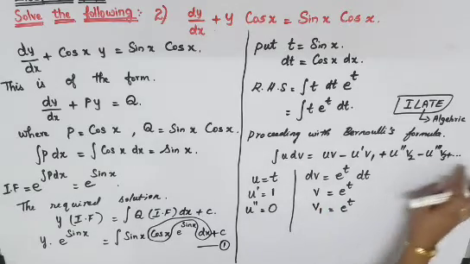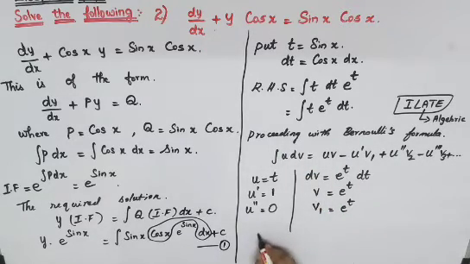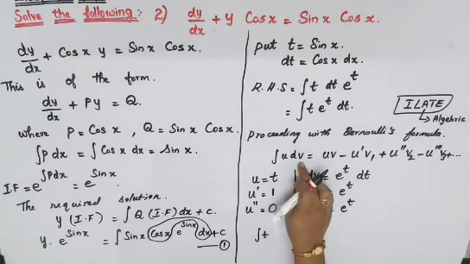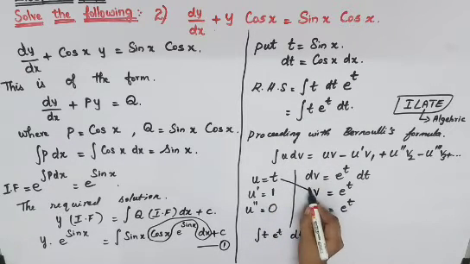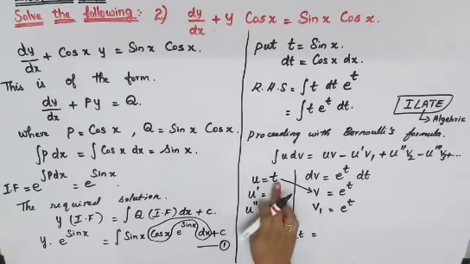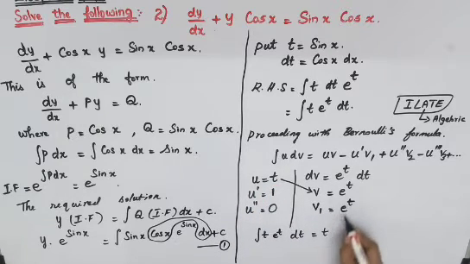Then you will have to substitute in this format. Integral of u, that is t, dv, that is e power t into dt, is equal to uv, so u is t and v is e power t.